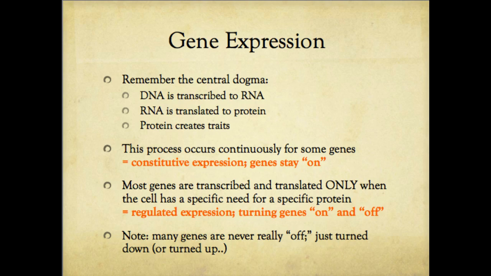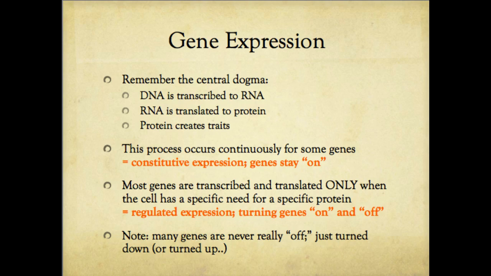So we've talked about the central dogma several times, but it's worthwhile to review it again because it's such an important concept in biology. Remember that the dogma tells us that DNA is transcribed into RNA, RNA is translated into protein, and it's protein that creates traits.